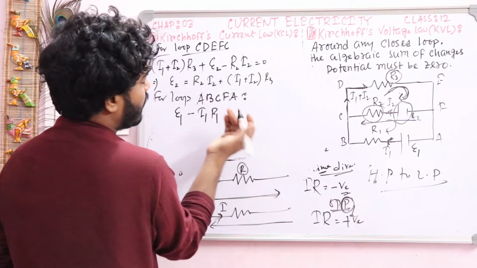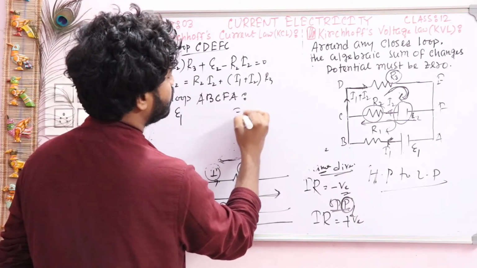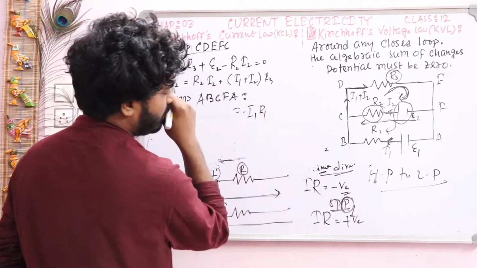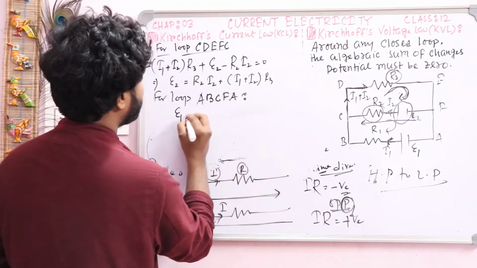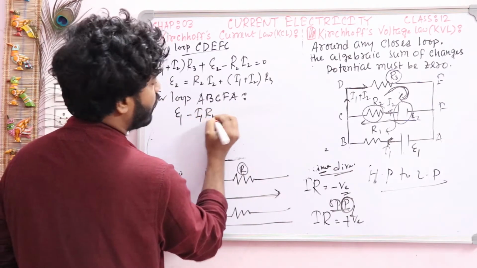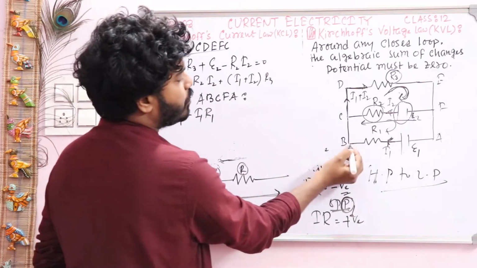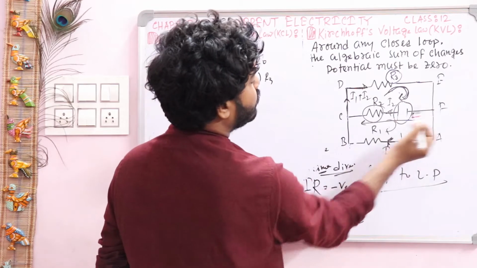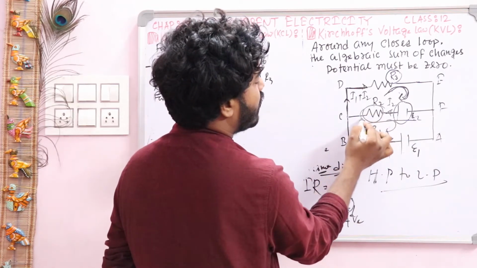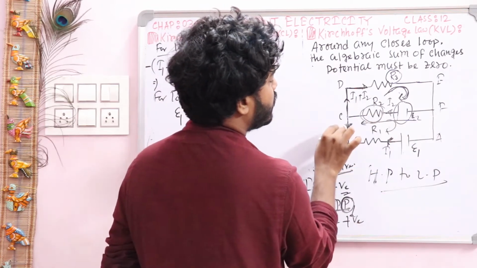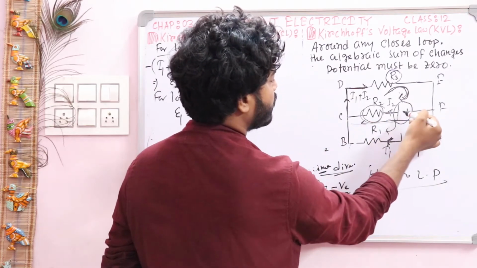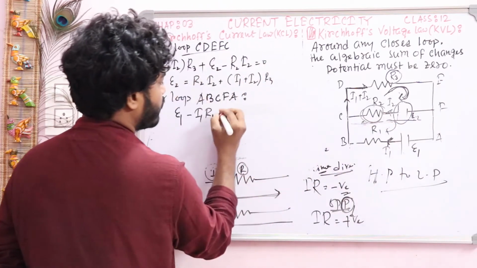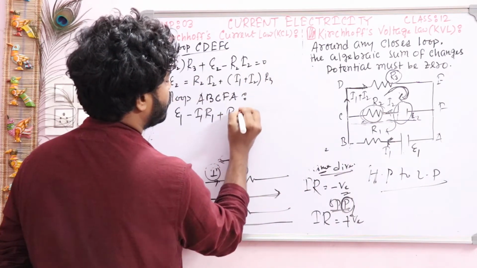R1. Write it here, minus I1 R1. Then B to C, there is no equipment, no problem. Now C to F, you just see there is a resistance R2. Your direction is in this way and current I2 is directed in this way and your direction is this way, so this one will be positive, plus R2 I2.